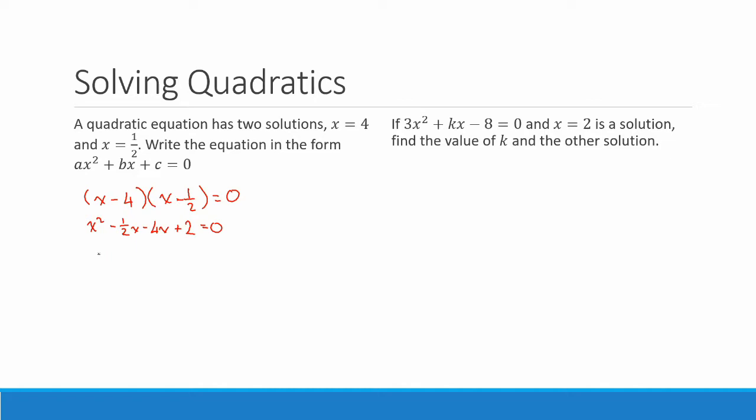And if I group my like terms, I have x squared, and then I have take away 4.5x minus 2 equals 0. But this decimal point's no good here. We need to get rid of that. And to do that, we could just double everything. If we double 4.5, we get 9. So we could just go 2x squared minus 9x minus 4 equals 0.